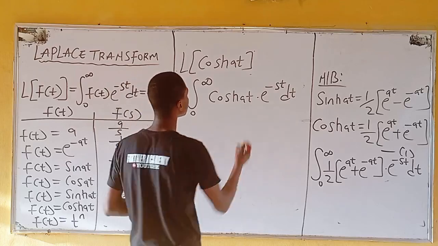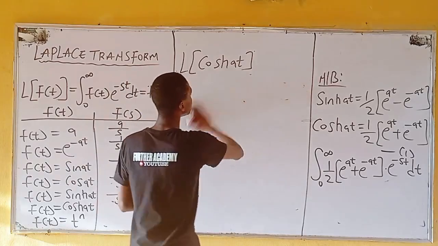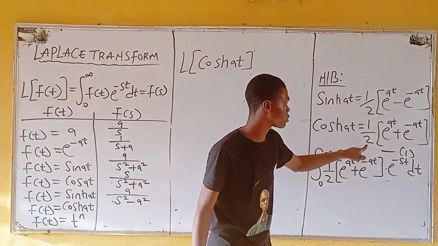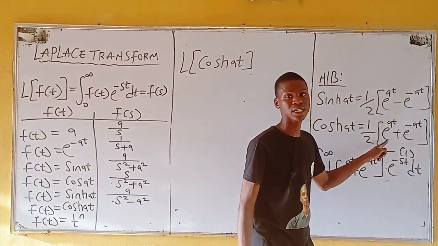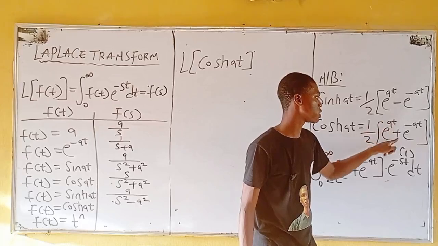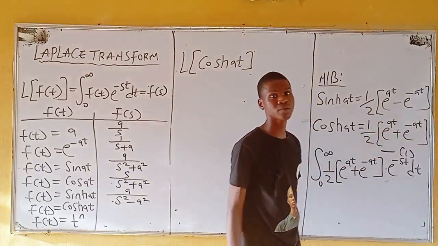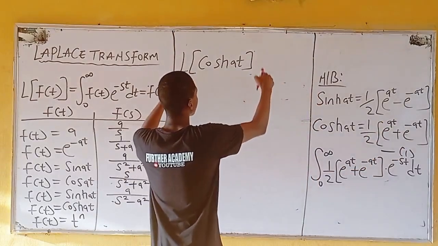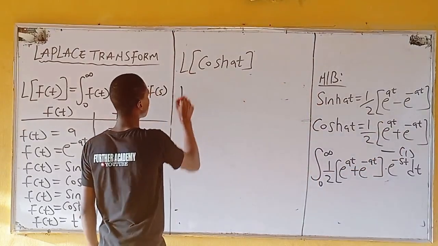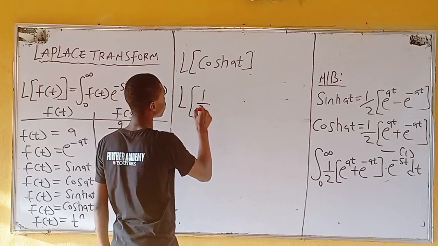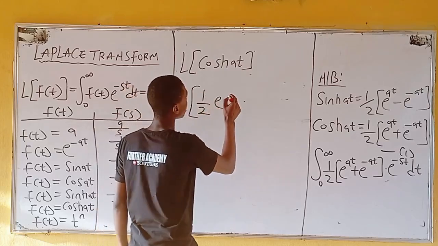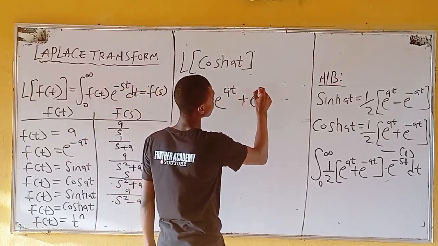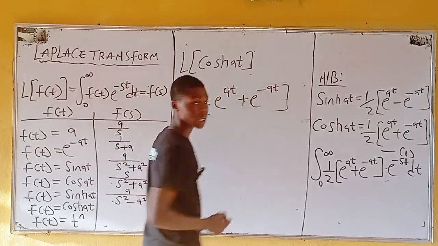Now, since we already know that cosh at is equal to 1 over 2 into bracket e to the power of at plus e to the power of negative at, meaning, if you are writing the Laplace transform of cosh at, you see the same thing as you writing the Laplace transform of 1 over 2 e to the power of at plus e to the power of negative at, right?